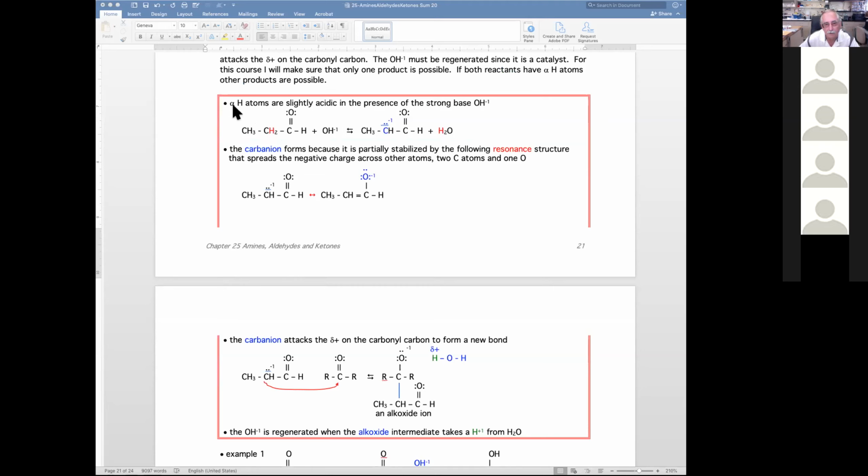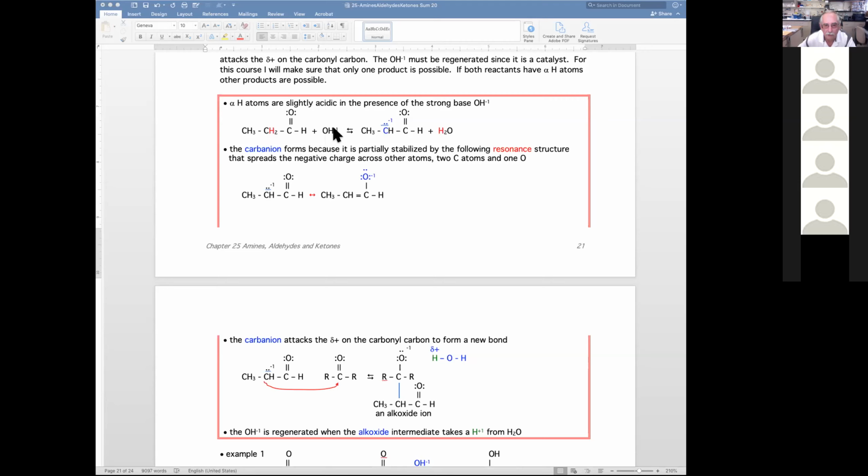It turns out that alpha hydrogens are slightly acidic. That's in water. But it's not really going to change the pH or anything because water is such a weak base. But what if I put it in there with a stronger base like hydroxide? Now I can make this acid-base reaction happen more prevalently.